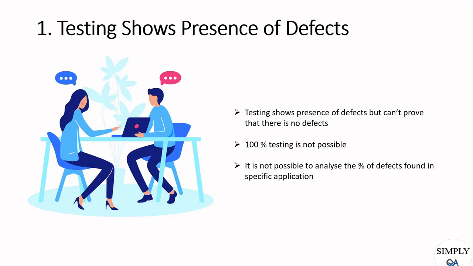Any tester can't find the total number of defects present in the application. So this is the motto of this principle. 100% testing is not possible, whereas maximum testing is possible, and we can find the maximum number of undiscovered defects. But no one can find 100% of the defects present in the application, right?